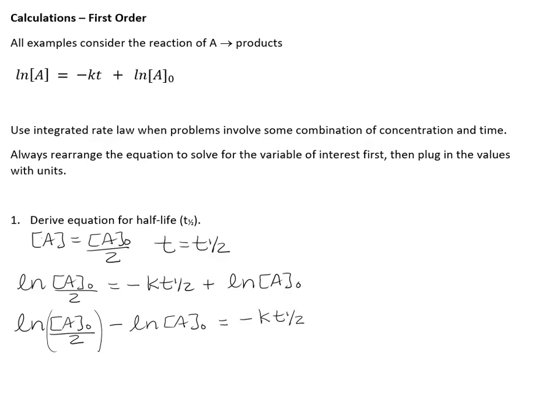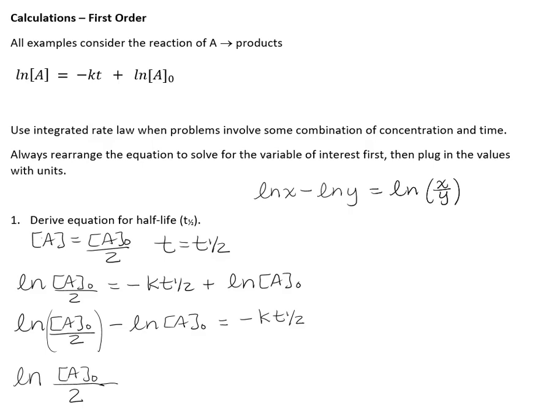Remembering the rules of logs, we'll just write this up above: ln x minus ln y equals the natural log of the quantity x over y. And we'll apply that to our ln's with the A naughts. When we do that, we end up with ln of A naught over 2 divided by A naught.